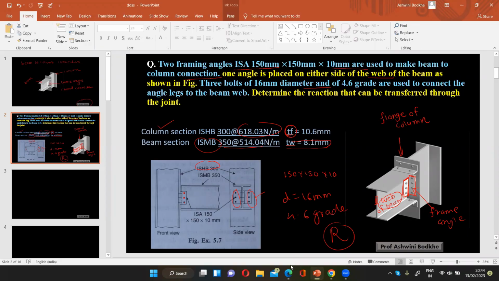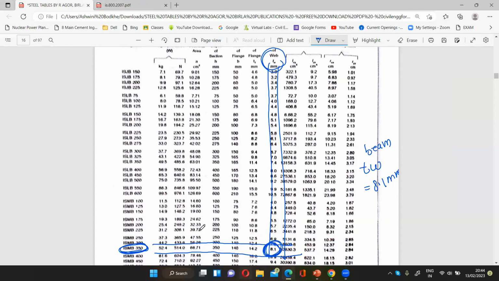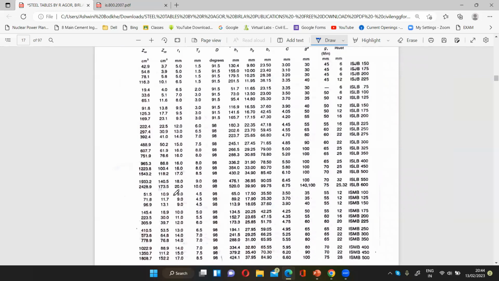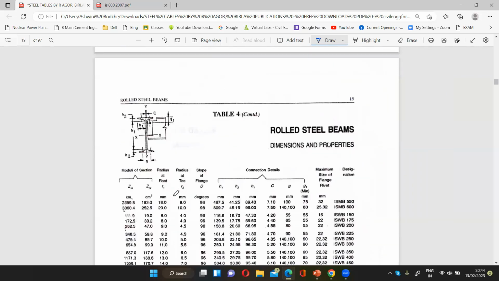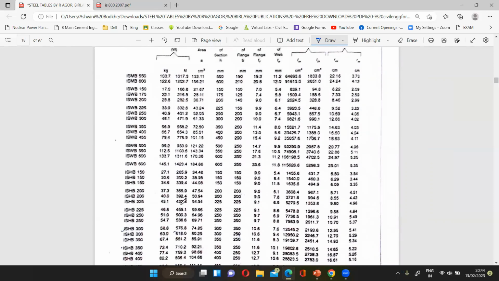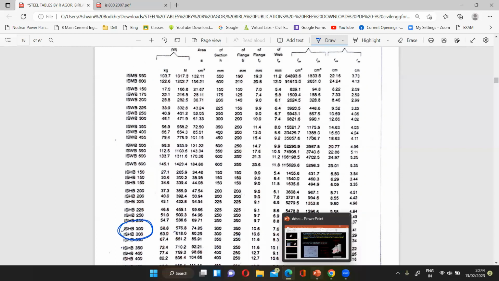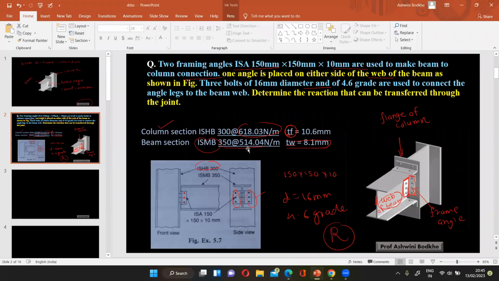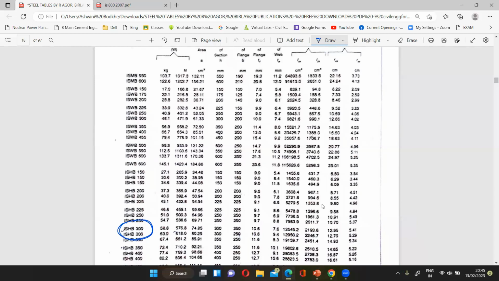For the column section, the thickness of flange is required. Column section is ISHB 300. After ISMB there will be ISWB, next ISHB 350, and ISHB 300. There are two sections of ISHB 300. Weight is given as 618.03 Newton per meter, the second one.